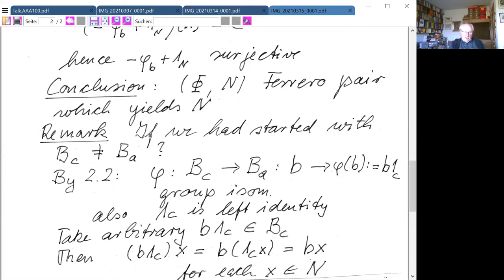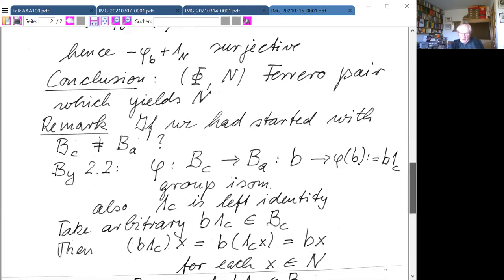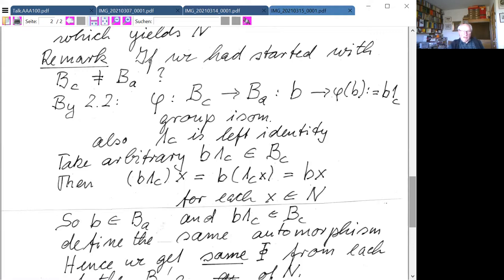Well, we go back to 2, and we know that BC to BA, B to BB is B1 sub C is a group isomorphism. This means that it is a group isomorphism, and we know that 1 sub C is a left identity.